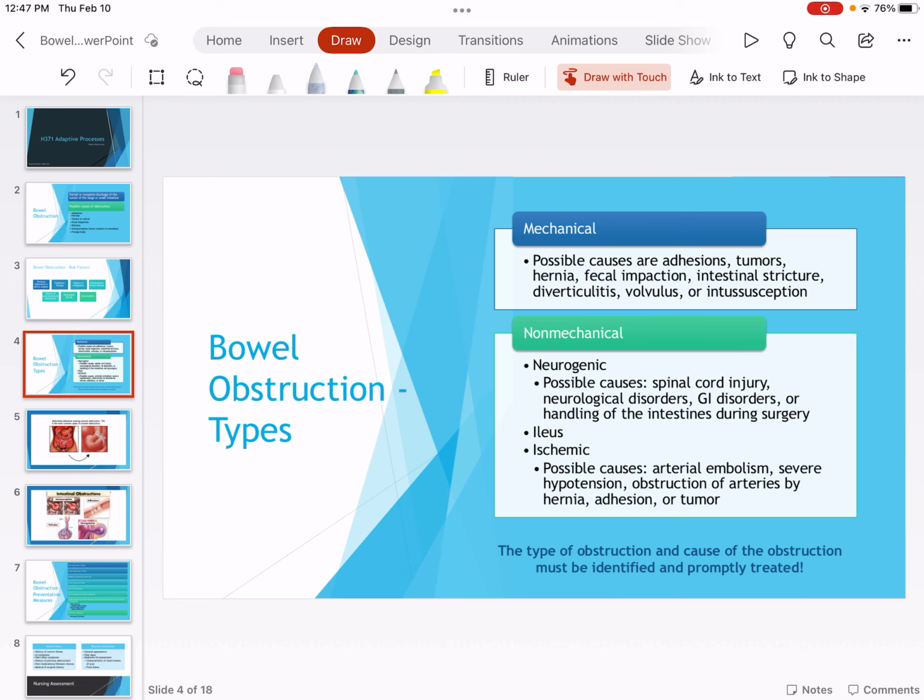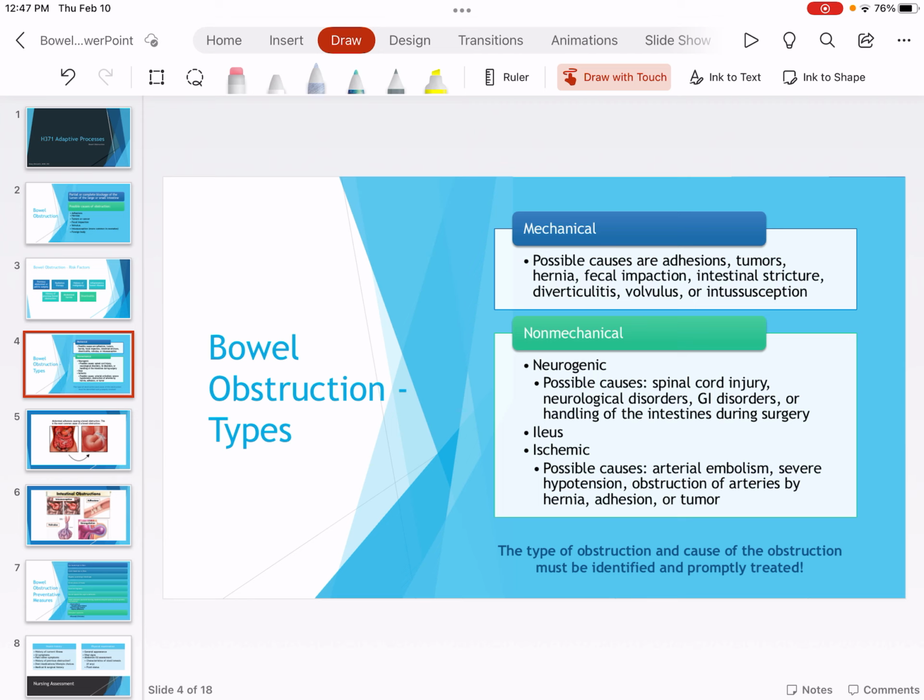And then there's ischemic, which is interference with the blood supply to the intestine. That can occur rapidly, and it can lead to bowel ischemia, dysfunction, and infarction, and possible perforation if not treated promptly. Ischemia is lack of blood supply to the bowel tissue. Dysfunction means it's not working properly.